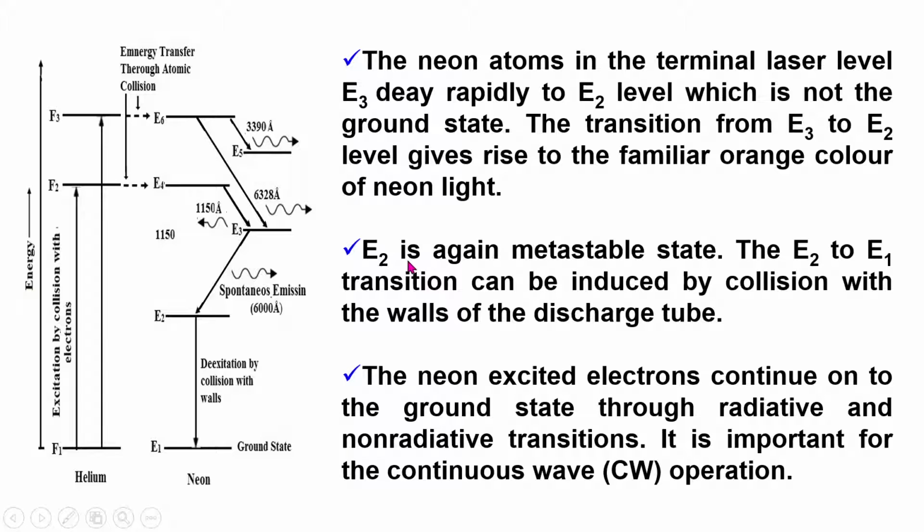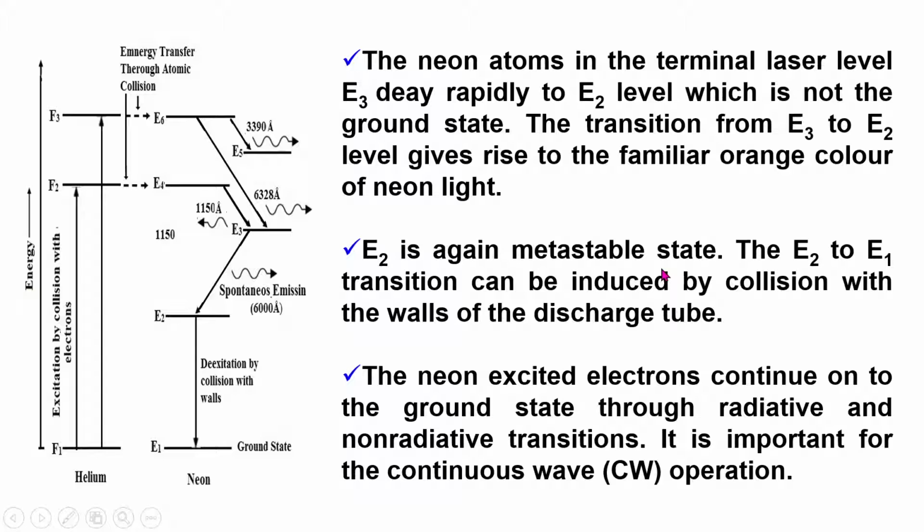Now in this energy level diagram, again here E2 acts as a metastable state, and the transition from E2 to E1 can be produced by the collision with the walls of the discharge tube.